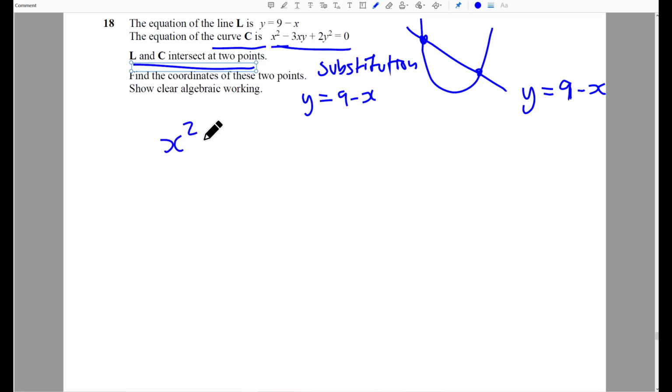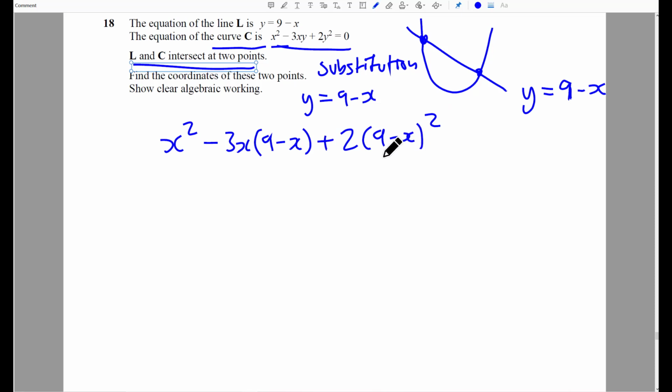So do be careful here, because you can make some negative number errors, expanding brackets errors, and all sorts, because you've got to do lots of expansion.